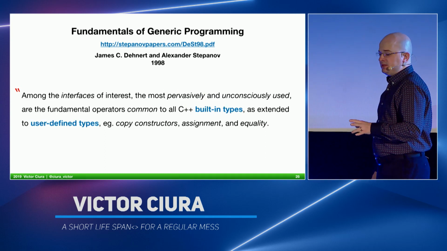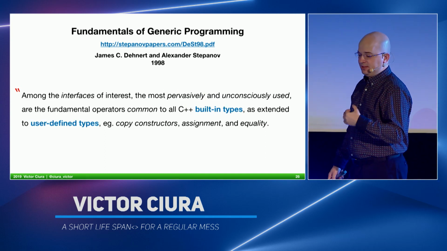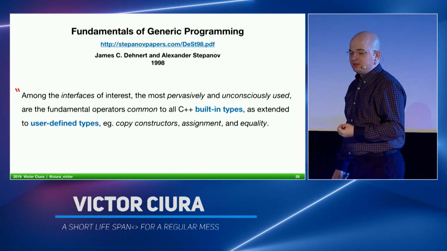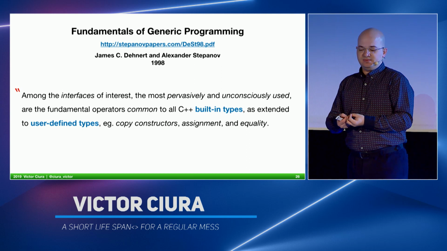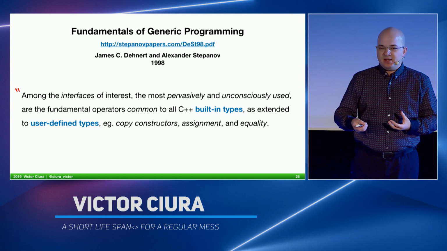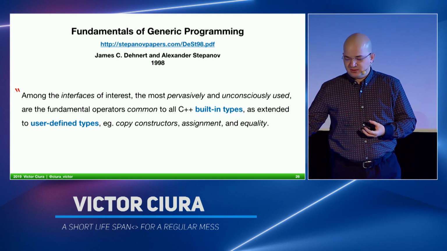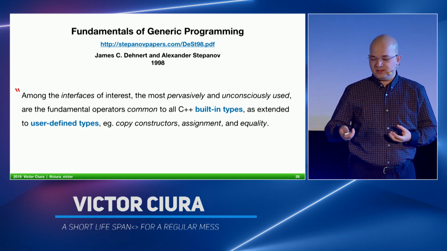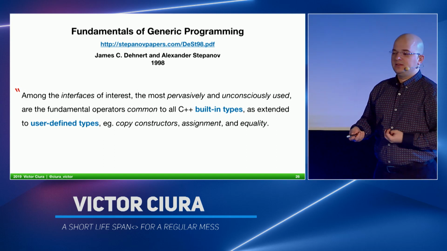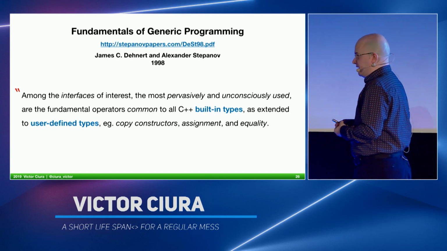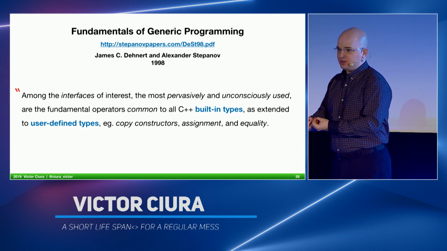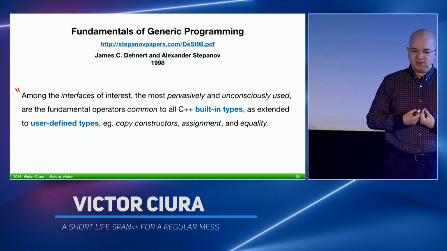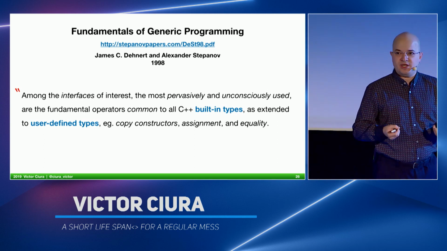Among the interfaces of interest, the most pervasively and unconsciously used are the fundamental operations common to all built-in types, like numbers, that extend to user-defined types, like copy constructors and assignment and equality. So we shall see that we have to meet the expectations of the user when defining our own types, so that they don't behave strange.